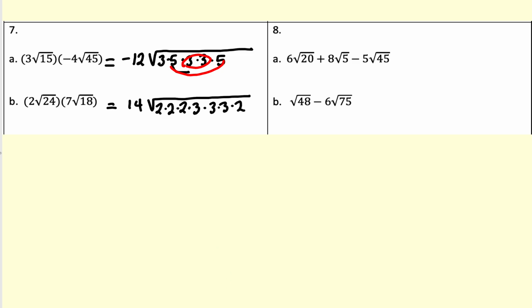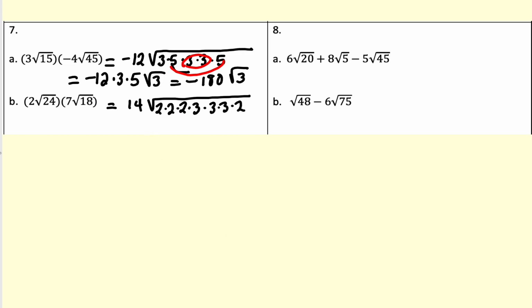So this answer is going to be negative 12, and I'm going to be able to pull out a 3, and I'm going to be able to pull out a 5, and then I'll have the square root, and then I'll have a 3 here. So when I multiply all this out, that'll be negative 180 root 3.